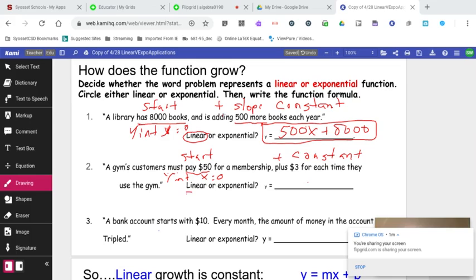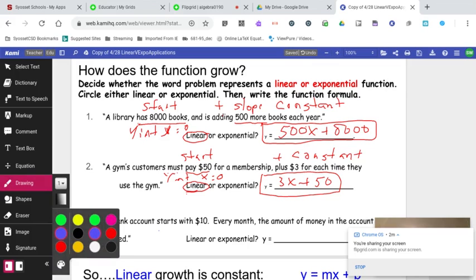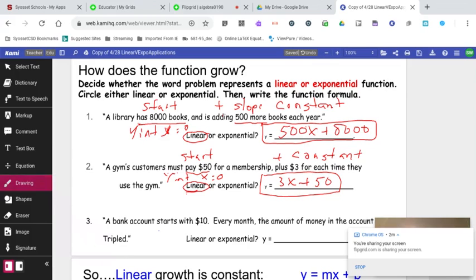Constant rate of change, linear function. y equals mx plus b, or in this case, y equals the constant rate, 3x, plus the y-intercept, which is 50. Linear function.